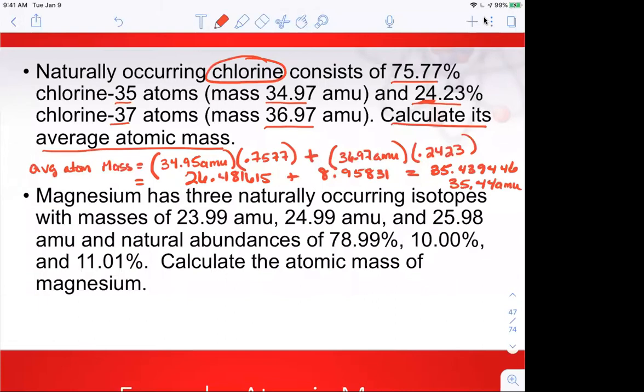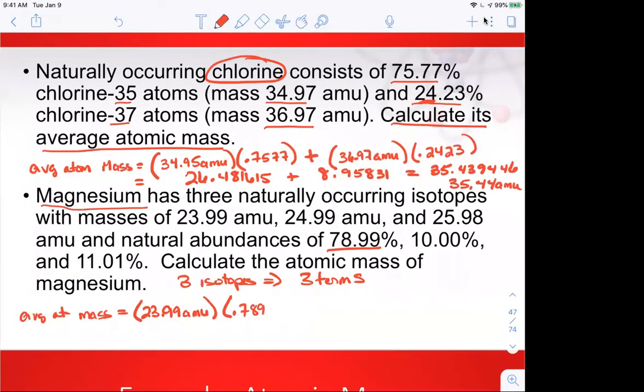If I have something like magnesium and I want to calculate the average atomic mass, here I have 3 isotopes. I have 3 isotopes, so I have 3 terms. So I'm going to have 23.99 AMU, which is 0.7899 abundance, plus I have 24.99 AMU times 0.1000.